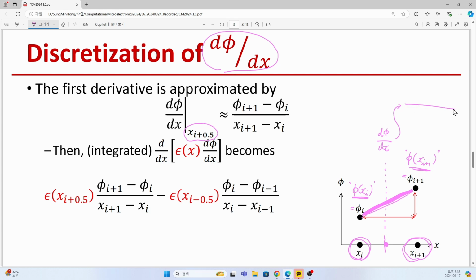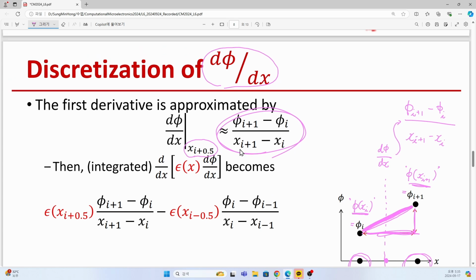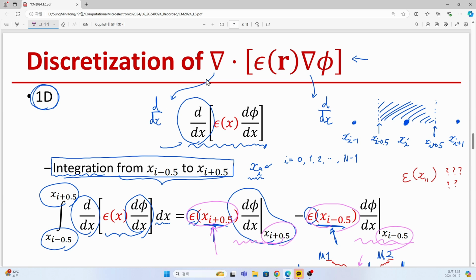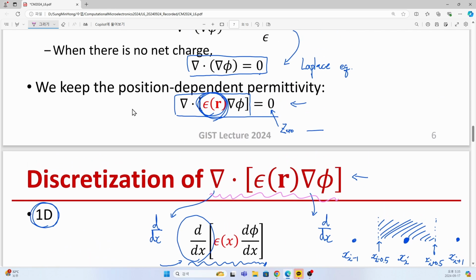It becomes really easy to say because we have to consider the difference between the function values, divided by the distance, x sub i plus 1 minus x sub i. So that is shown here. So simply speaking, our ultimate goal is to discretize the left-hand side term of our one-dimensional source-free Poisson equation.